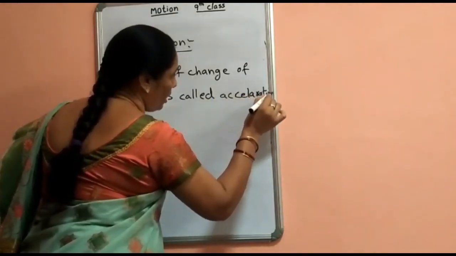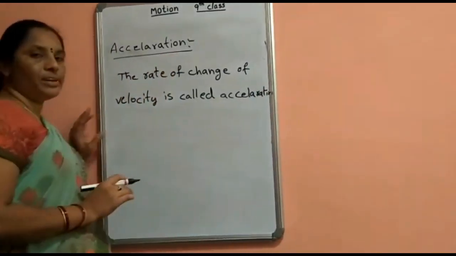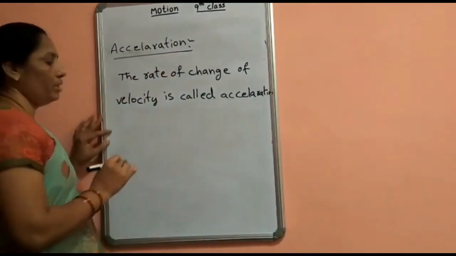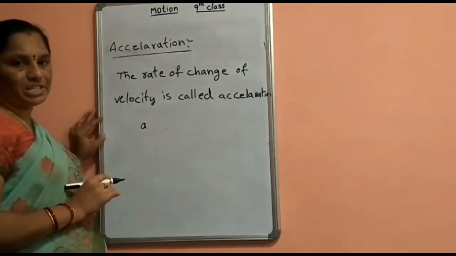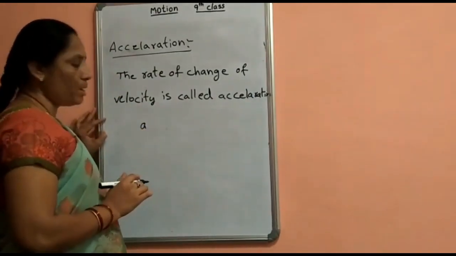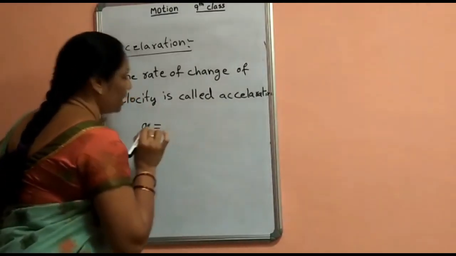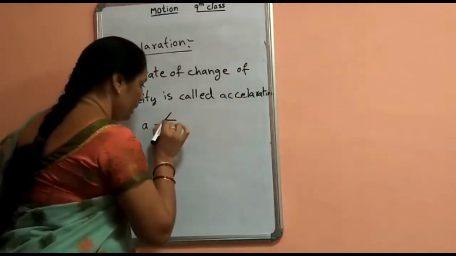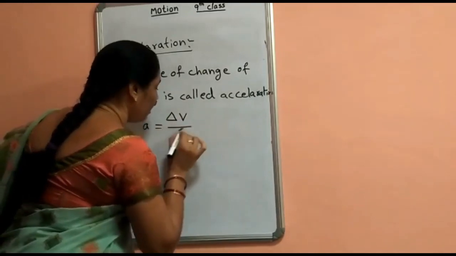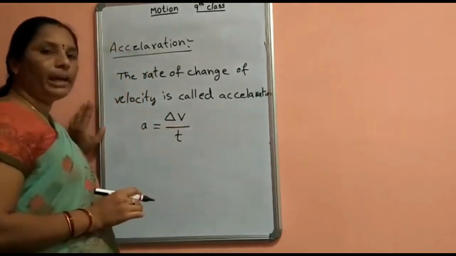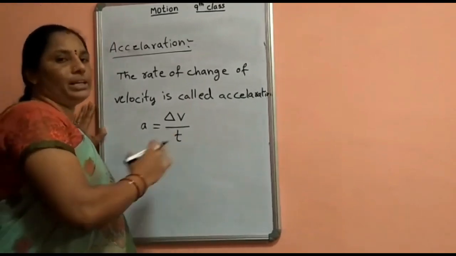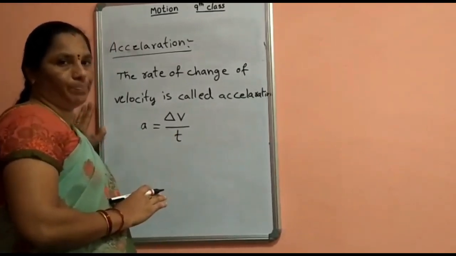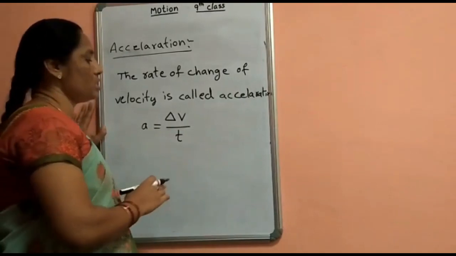Acceleration is denoted with the letter small a. Small a is equal to delta v by t. Here delta means difference of velocity.